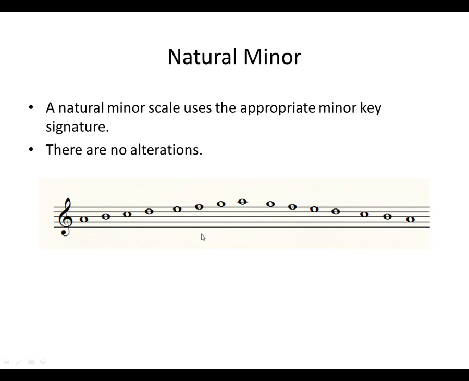The second characteristic of a natural minor scale, which will help you distinguish one minor scale from another, is that there is a whole step between the 7th degree of the scale and the tonic at the top.